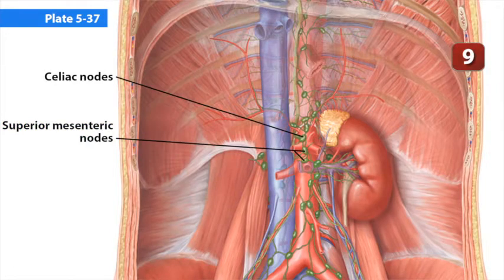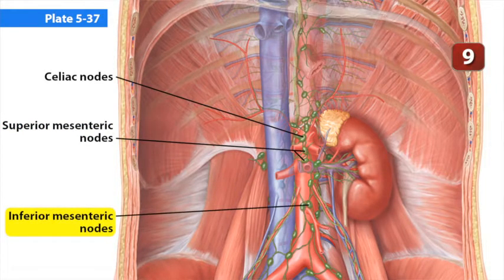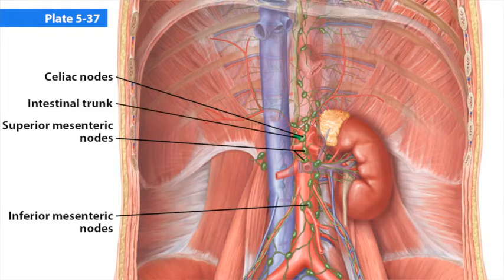And lymph from the descending colon, sigmoid colon, and rectum collects in the inferior mesenteric lymph nodes. Lymph that collects in the celiac and superior mesenteric nodes drains into the intestinal trunk, while that which collects in the inferior mesenteric nodes drains into the left lumbar trunk.